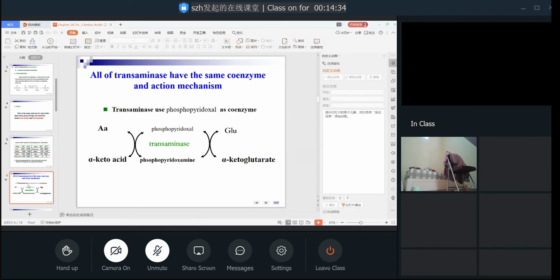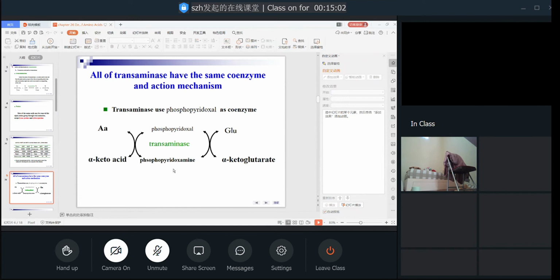Another thing you can say is that all of the transaminases have the same cofactor, coenzyme, and action mechanism, like this. First, the amino acid transports the amino group to the phosphopyridoxine, pyridoxine, vitamin B6, right?